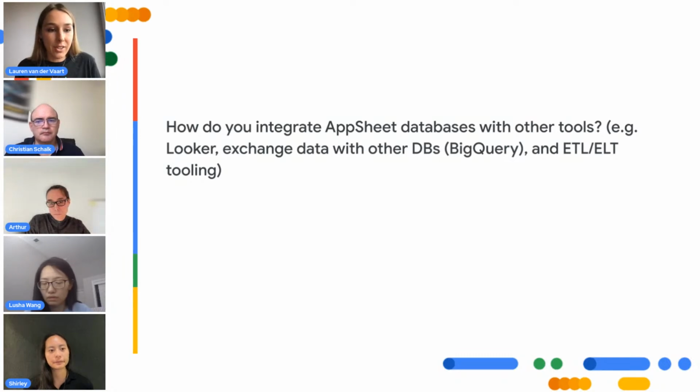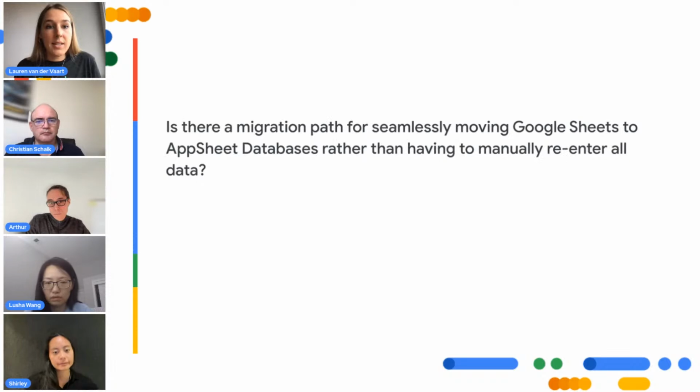Great. Thanks, Shirley. Is there a migration path for seamlessly moving Google Sheets to AppSheet databases rather than having to manually re-enter all data? Yeah, so right now, if you have a Google Sheet, you can import that into an AppSheet database.